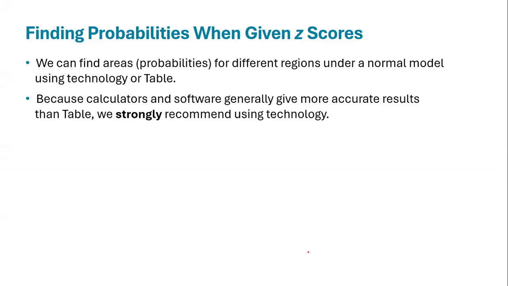I will show you on the paper right now, and in another video, I will show you how you can use online calculators or TI-83 or 84 calculators to find a probability based on z values. But we strongly recommend using technology because the numbers on the table that I will show you might be some decimals off from the actual numbers that we get from technology.